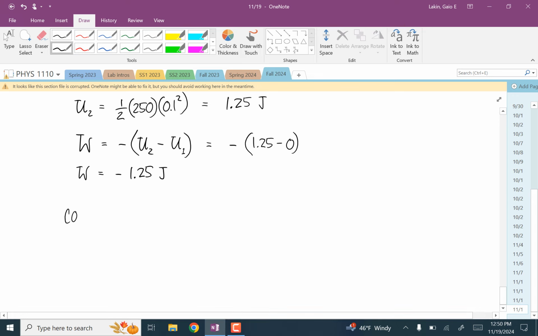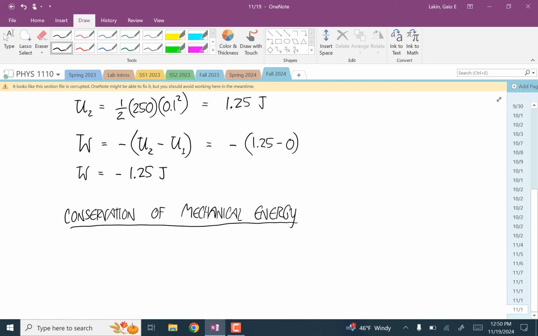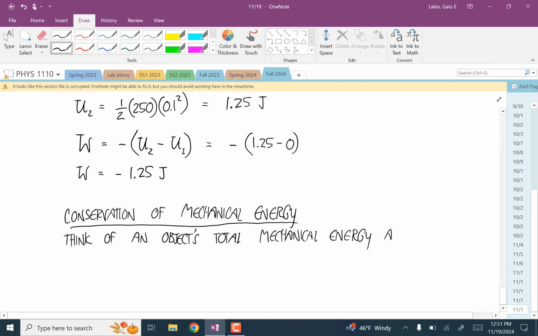So we're finally back to conservation of mechanical energy. And we give it this name by thinking of an object's total mechanical energy at an instant as its kinetic energy plus its potential energy.